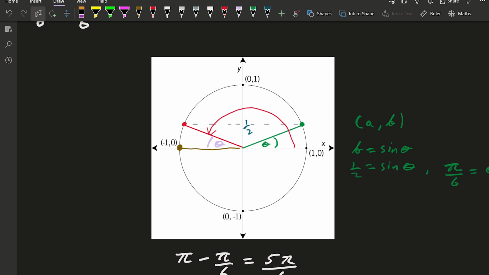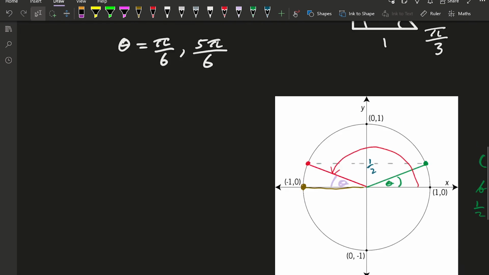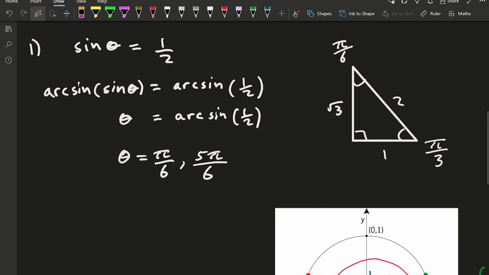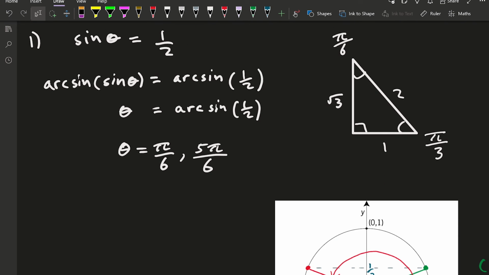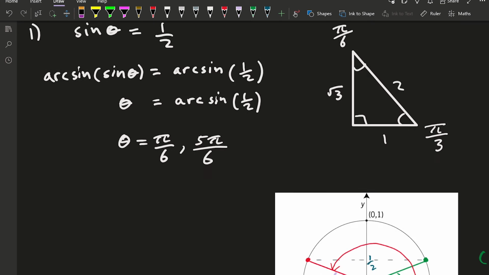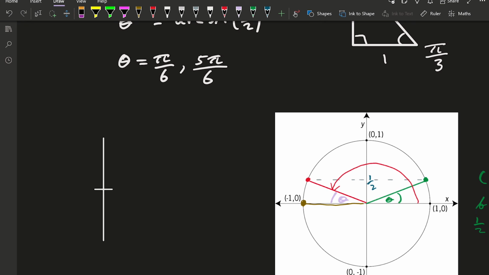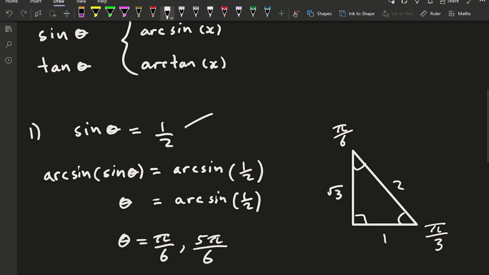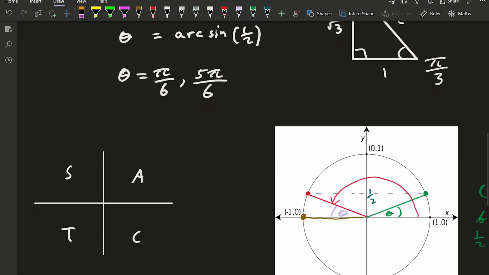Now if we already knew going in that we needed two solutions, what we could have done is draw a CAST diagram. So here's our CAST diagram, and we can see from the initial equation that whatever the angle is, its sine is positive, because we have positive 1/2 on the right hand side.